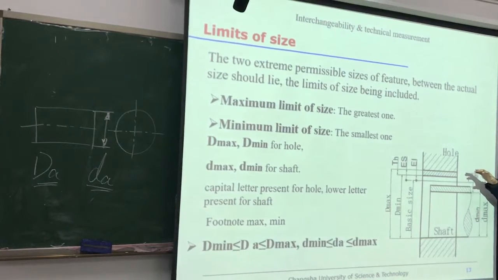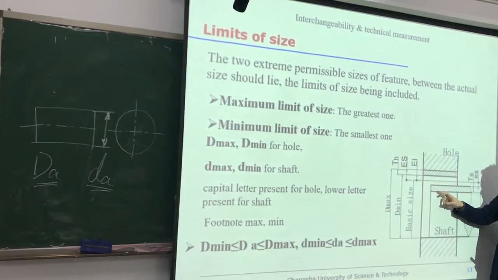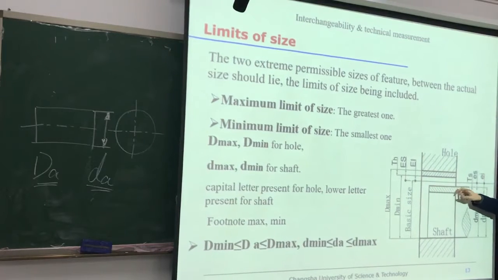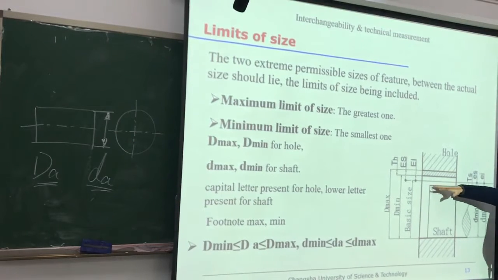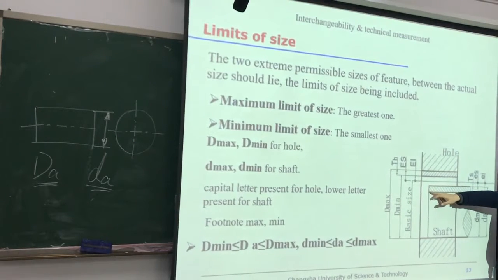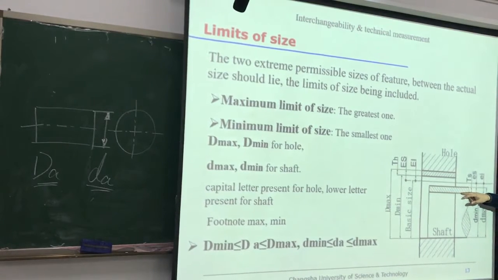As long as the actual size of the shaft is within this zone, we think it's okay. So we have these two lines. Which limit of size does this line represent?